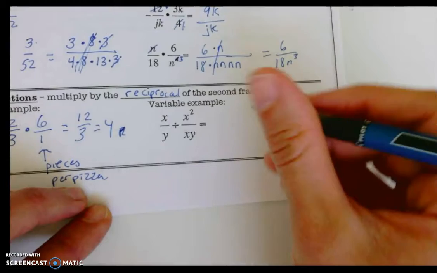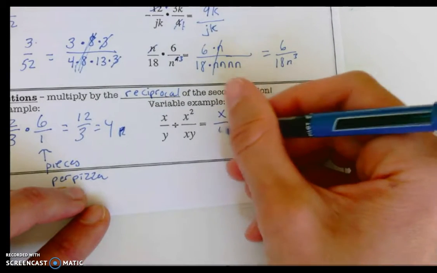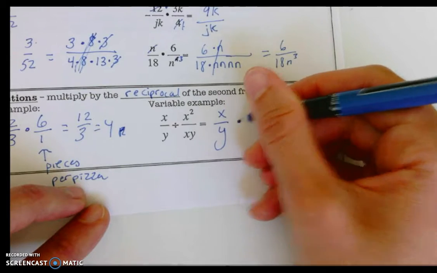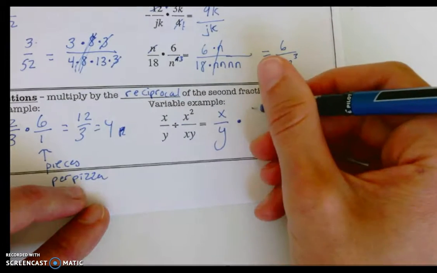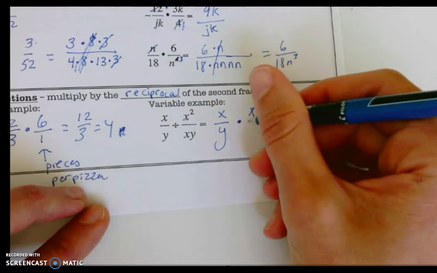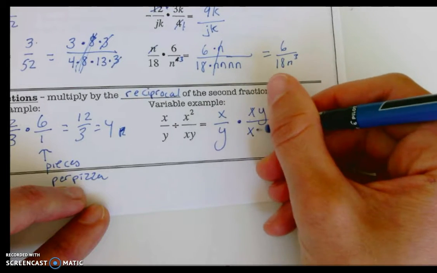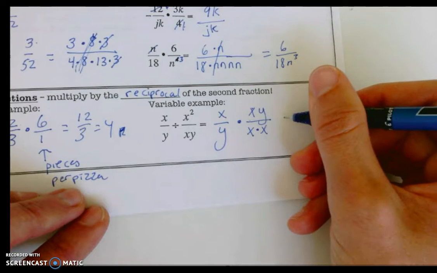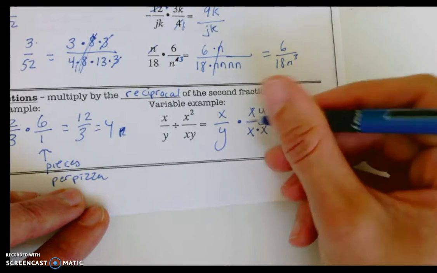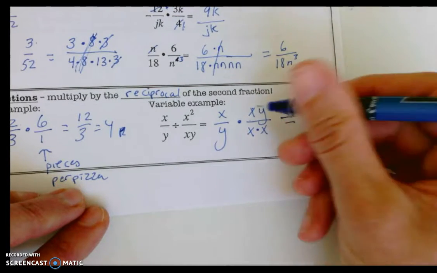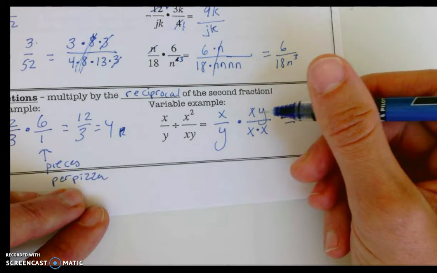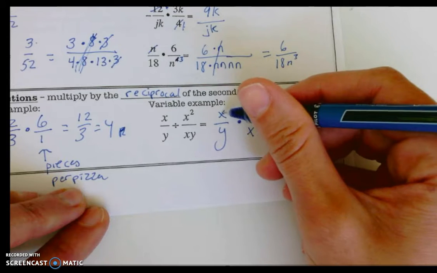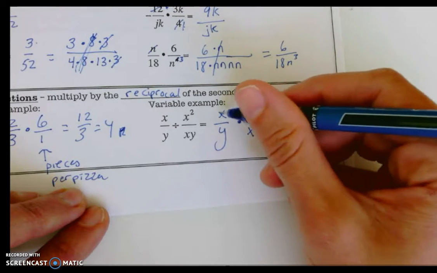So in general here, we're looking at x over y. When we divide it by x squared, that's basically like saying we want to flip these two. So it's the same as multiplying by xy over x times x. And here we can simplify a lot of this because we have 2 x's in the numerator and in the denominator.